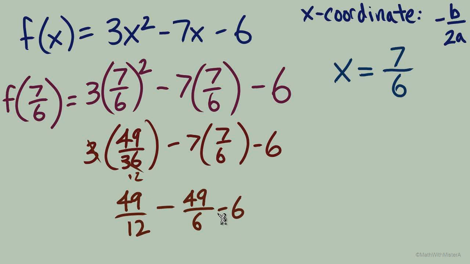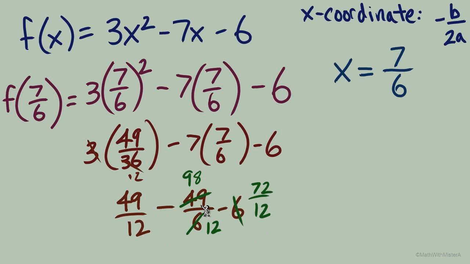We have maybe a shortcut here because we could see that 49 over 6 is twice as large as 49 over 12, but we'll just go ahead and get common denominators for these other two fractions. 49 over 6, we'll do top and bottom times 2. This 6, which is 6 over 1, becomes 72 over 12, and now we have a common denominator 12.